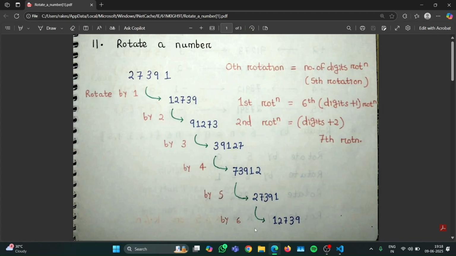What I'm trying to say is that the fifth rotation is the same as the zeroth rotation. The sixth rotation is the same as one rotation. The seventh rotation will be the same as the second rotation. Why is this happening? Because the number of digits present in the number is 5. So if we try to rotate the number by 6, we get nothing but 6 modulo 5 rotation. That is 1. So rotate by 1 is the same as rotate by 6 because 6 modulo 5 is nothing but 1. Getting my point?